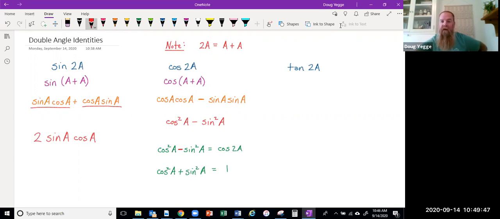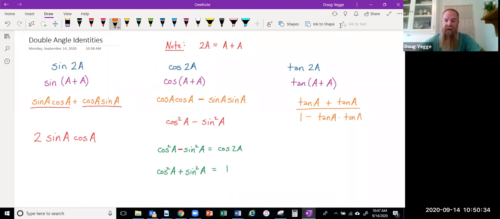Okay. And lastly, for tangent, we have tangent of the angles a plus a. Remember, we also had a sum formula for tangent. The way that looked was tangent of the first plus tangent of the second, divided by 1 minus tangent of the first times tangent of the second.